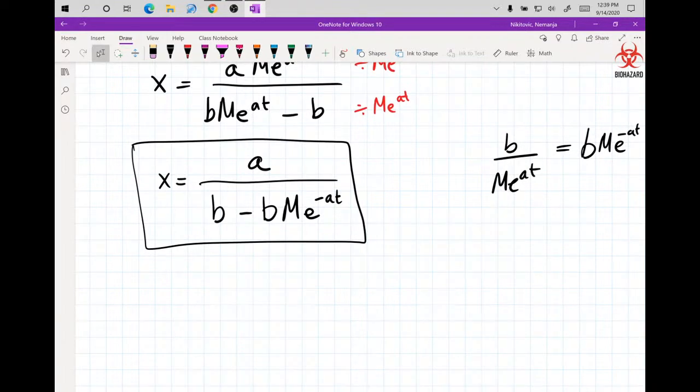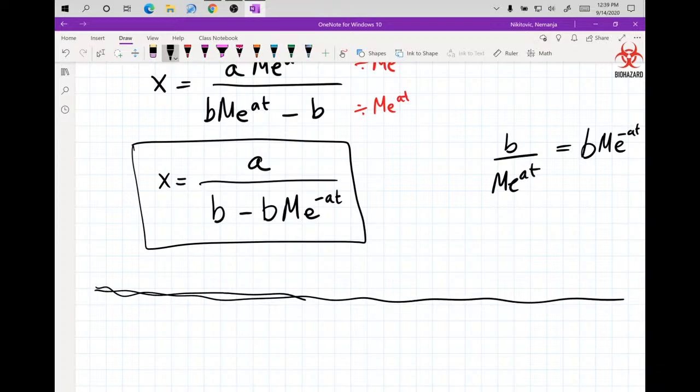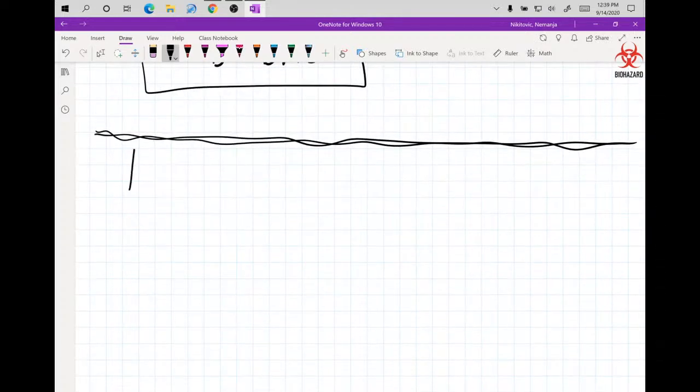So your separation of variables is used to solve a lot of these problems. The last problem that I would like you to try and work on your own a little bit before you go is Newton's law of cooling.